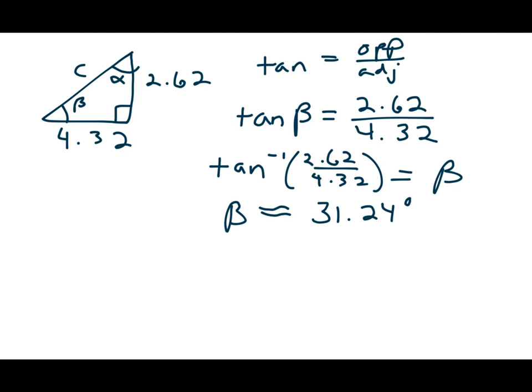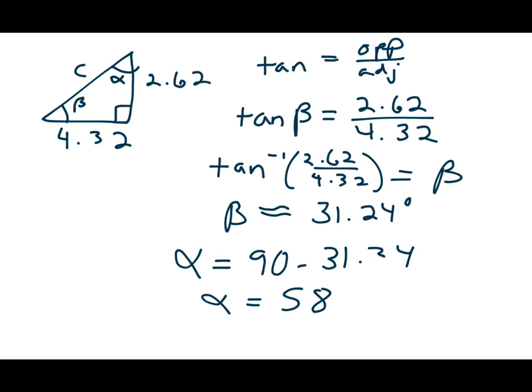If we want to solve for alpha, that's just going to be 90 degrees minus this value that we just found. We could do it using the trig function, or we can just do it this way because it's easier. So that gives me alpha to be equal to 58.76 degrees.